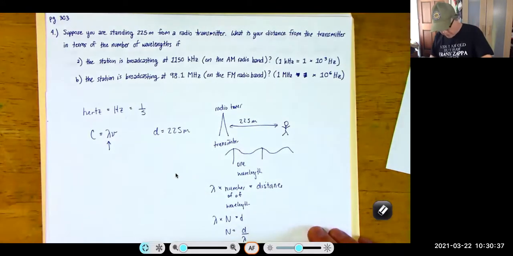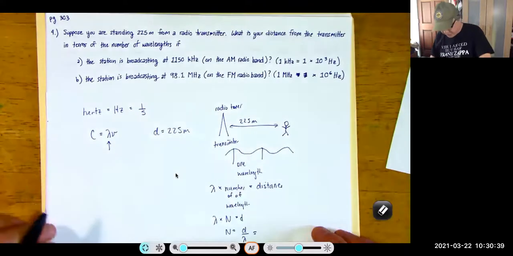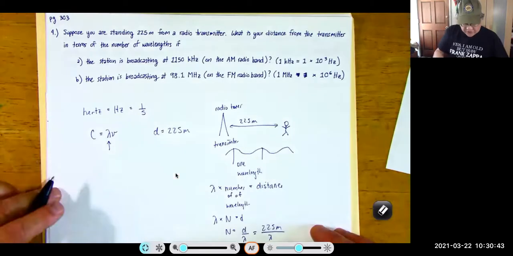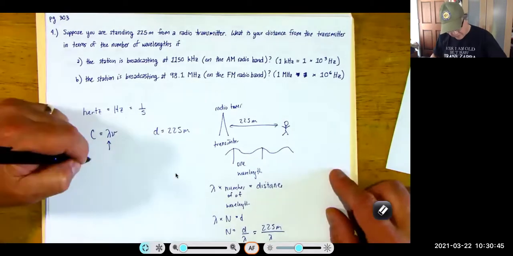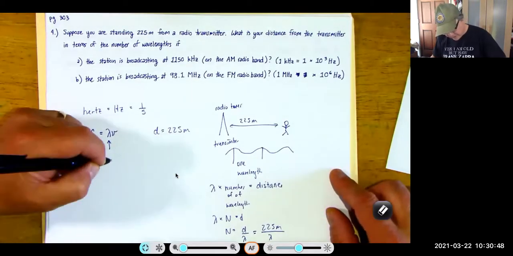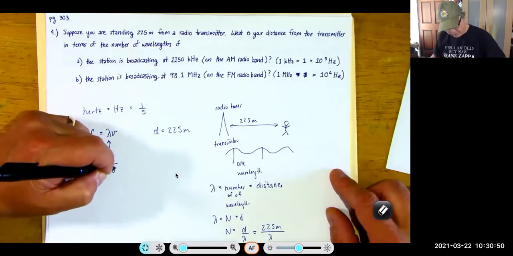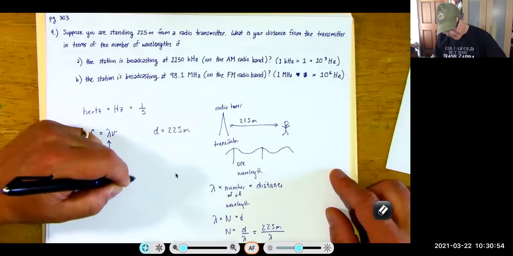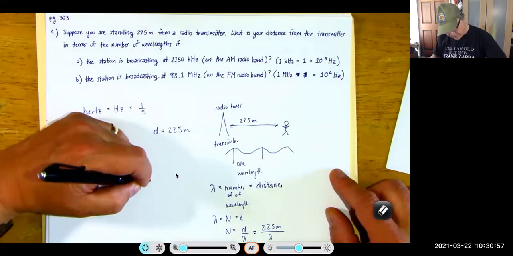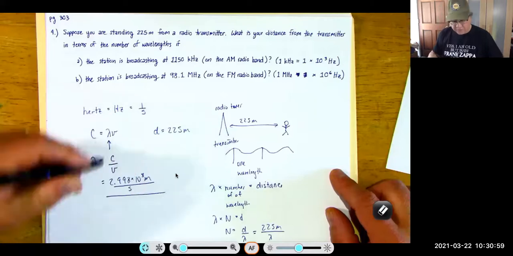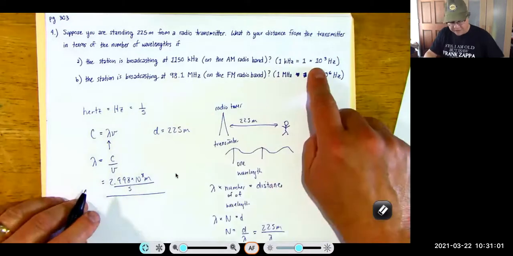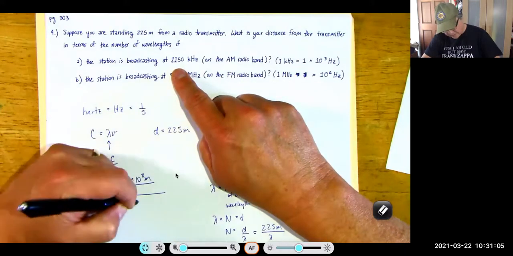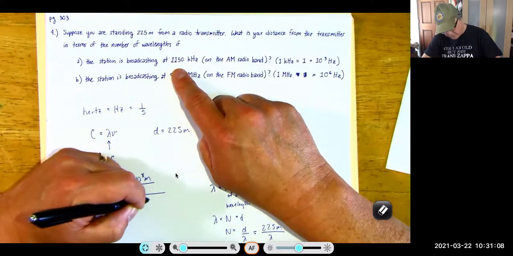So we already know that the distance is 225 meters. We just need to know the wavelength. So here's how we calculate the wavelength. Wavelength is equal to C over nu, which is 2.998 times 10 to the 8th meters per second, all of this over the frequency, which we have as 1,150 times 10 to the 3 per second.